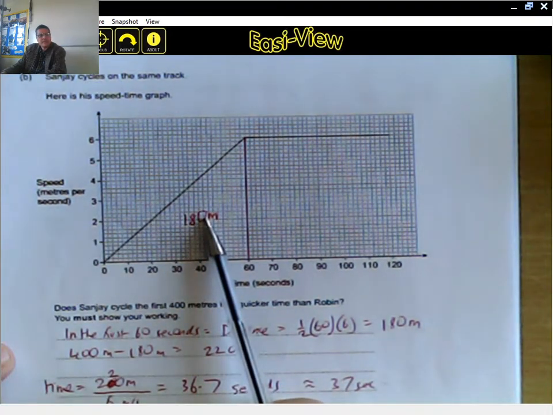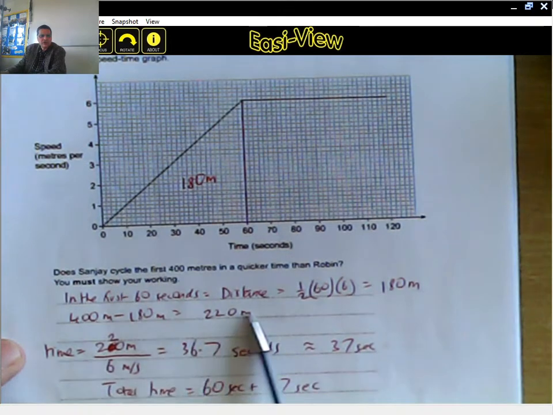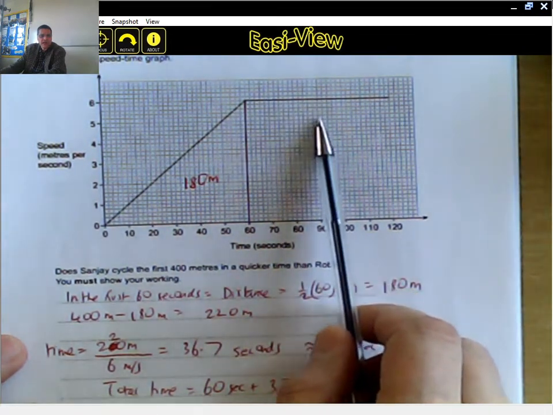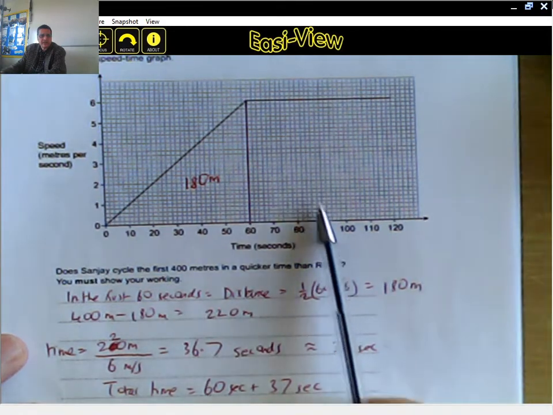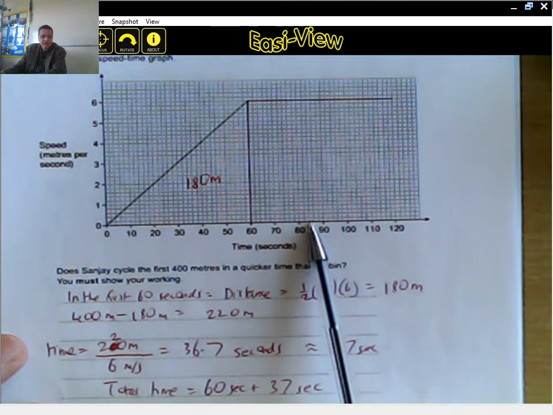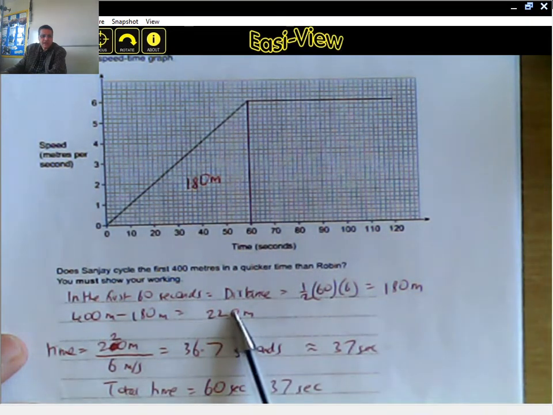So if he's doing a 400 meter track once round, I've got 220 meters left, which is in this constant speed area, which makes life really easy because here I know that something times 6 equals 220. Is that alright?